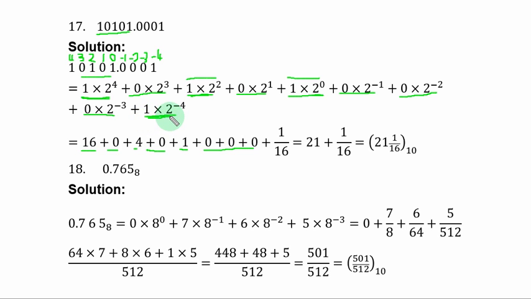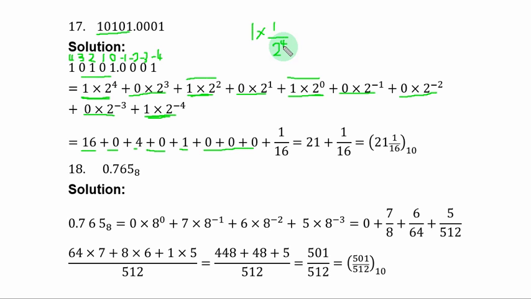First, we have to change this number from negative power, and that is writing it in inverse form, where you have 1 multiplied by 1 over 2 to the power of 4 expressed in this form.